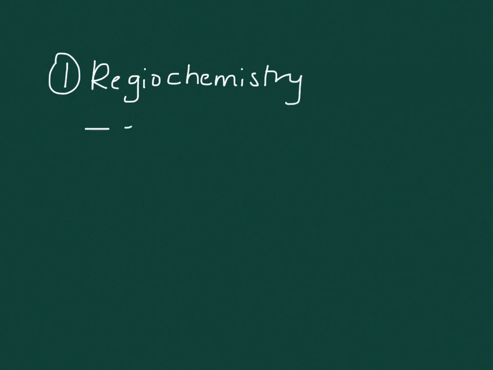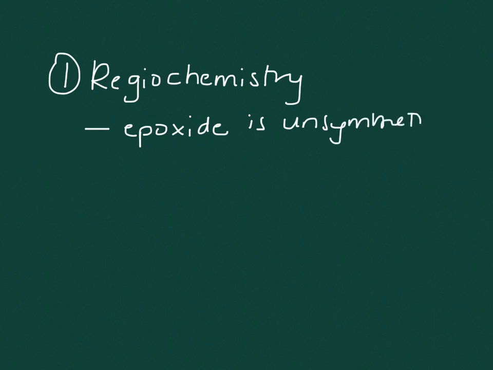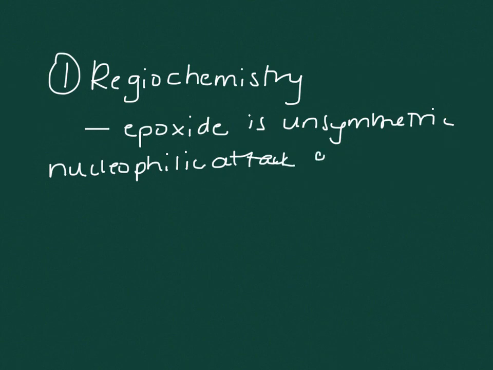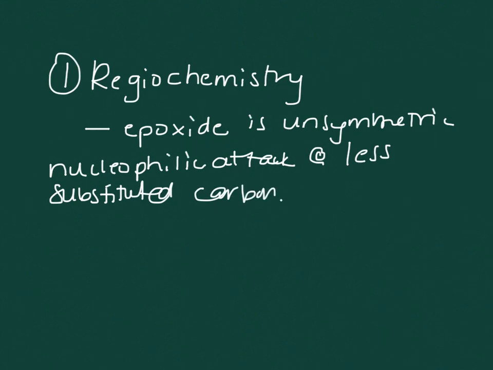If the epoxide is unsymmetric, then you will have a nucleophilic attack at the least substituted carbon. This is a steric effect that you would expect from an SN2-like process.